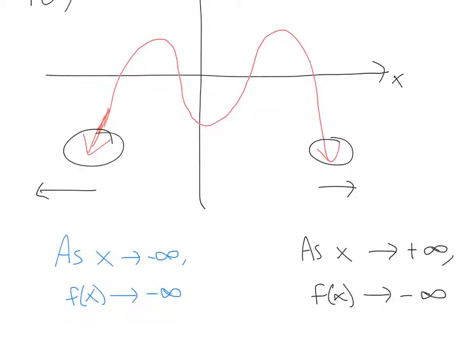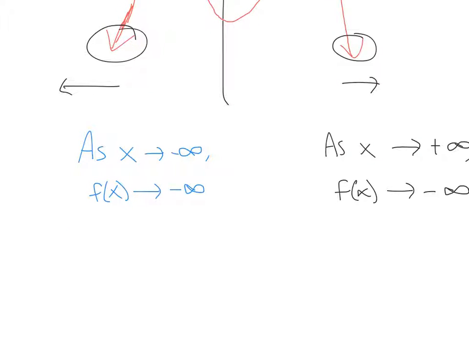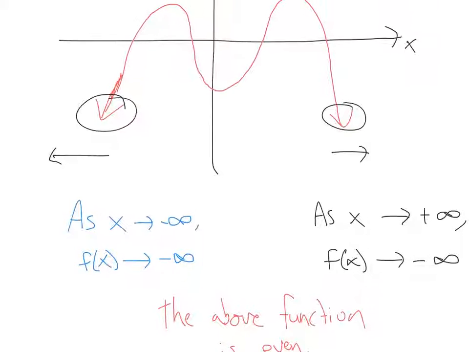So since this function right here approaches negative infinity as you go to the left and negative infinity as you go to the right, we would say that the above function, I'll write it in red, is even. Okay. Good, we've got that figured out.